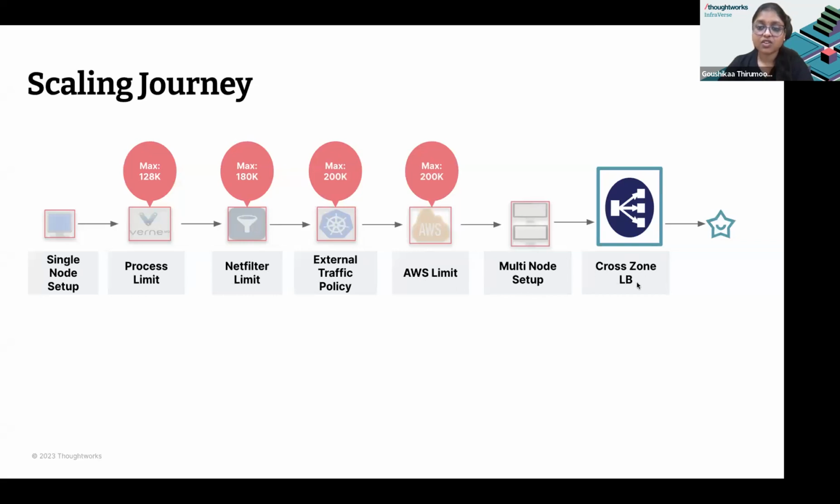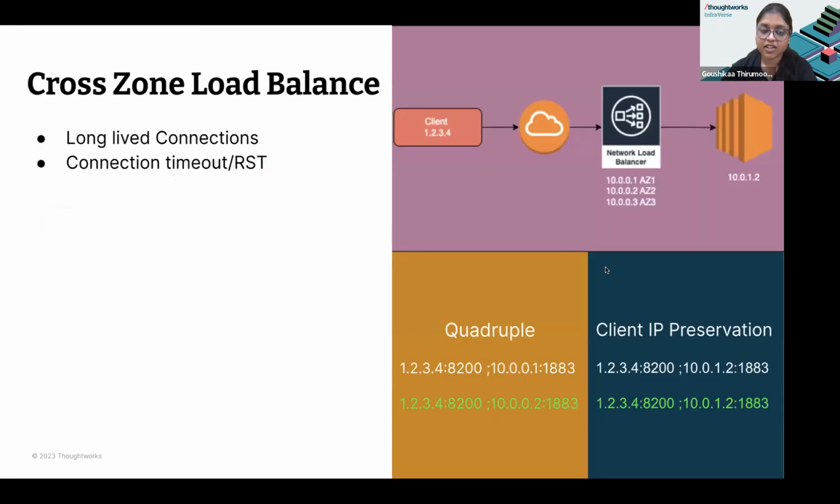Next comes the limitation with the cross-zone load balancer. With the previous single node setup, the network load balancer might not have been involved because there is only one instance. When we added more instances, it needed to route traffic to multiple instances. In that case, we identified this limitation with the cross-zone load balancer, where, as Naga mentioned, each connection should have a unique quadruple.